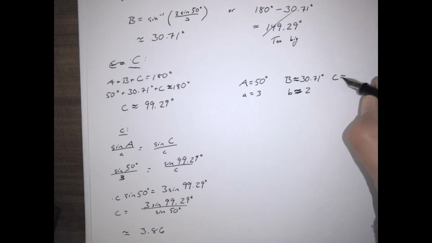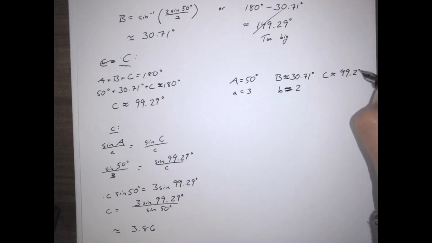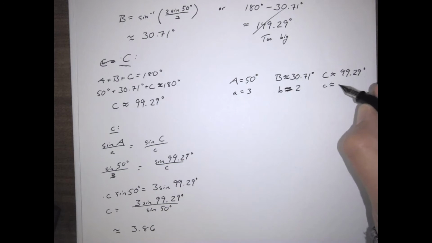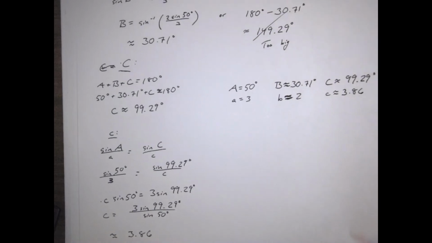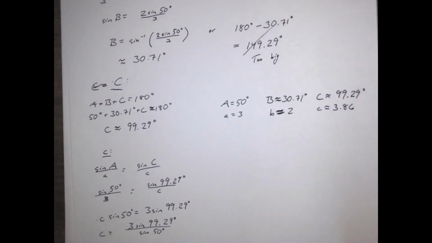Big C is approximately equal to 99.29 degrees. Little c is approximately equal to 3.86. Okay, so this was a case where we considered two possibilities, but one of them turned out to be impossible.